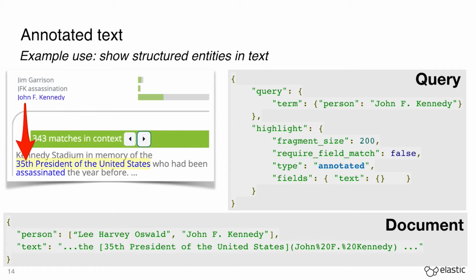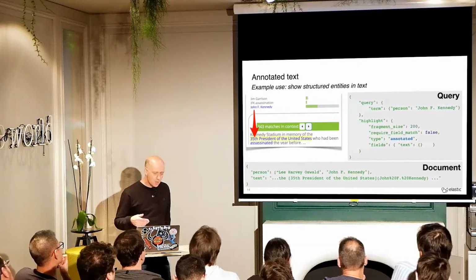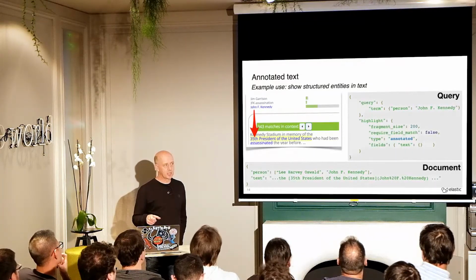We have to use a special highlighter here called annotated. So over there on the right hand side you'll see in blue the fact that we're using the annotated highlighter type. What that does is it matches the annotations that are hidden in the text.